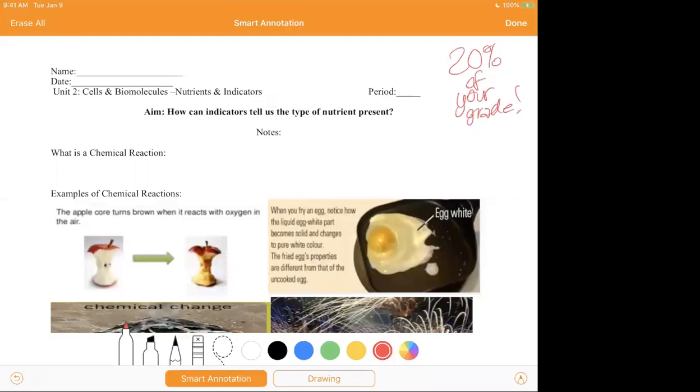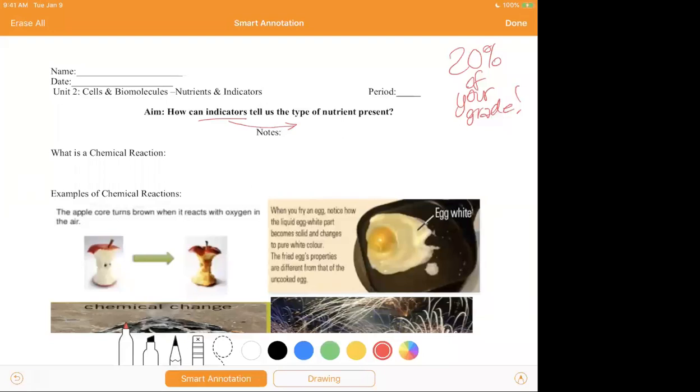All right. Aim, how can indicators tell us the type of nutrient present? So we see the word indicator here. What do we think the word indicator actually means? Well, one of the words that we see in indicator is indicate. When something is indicated for, you're implying that it's there based off of something else.